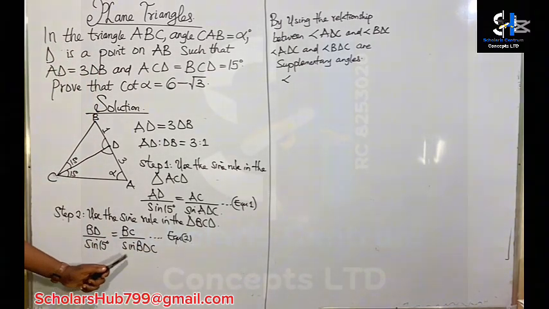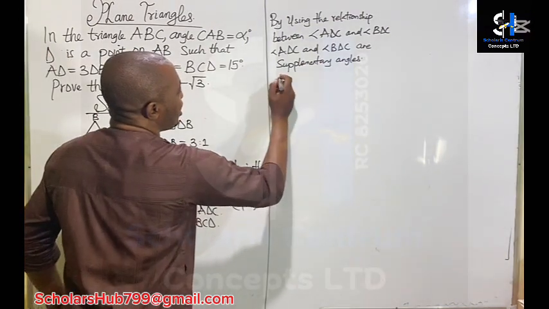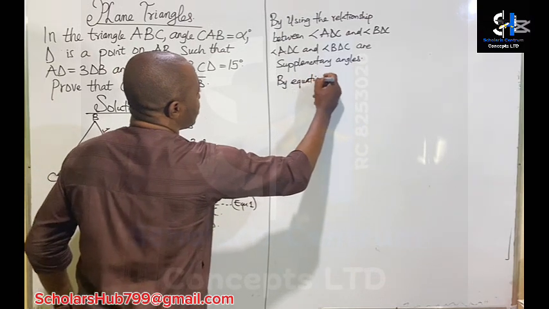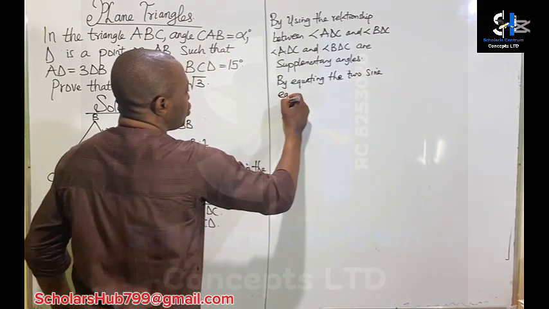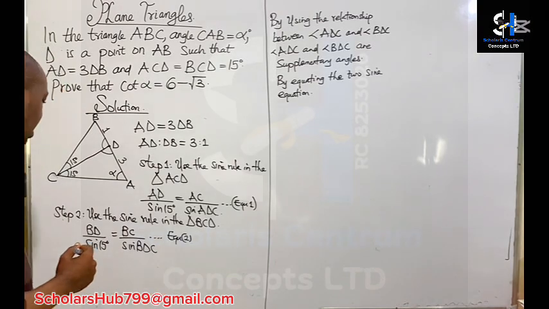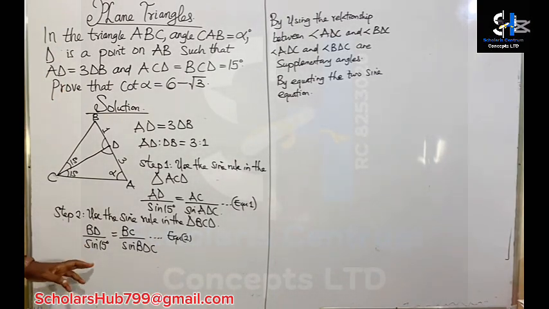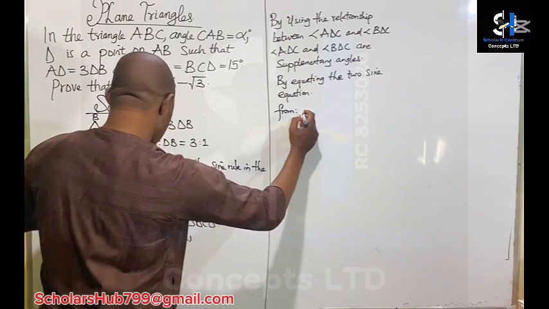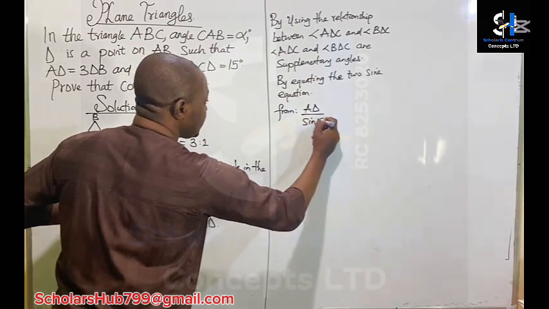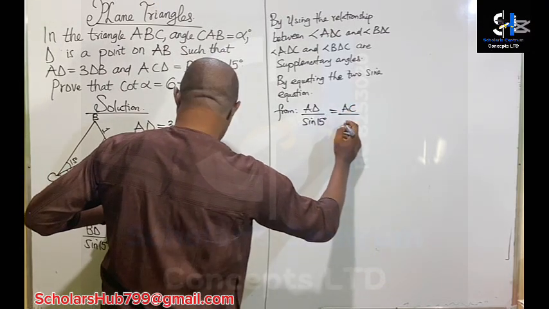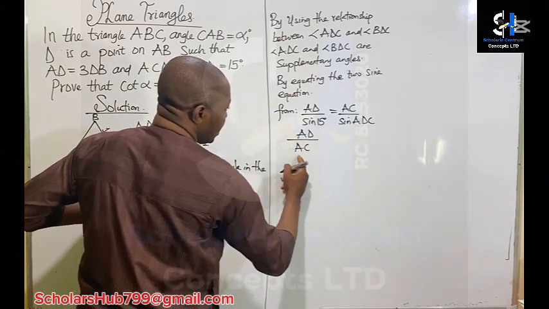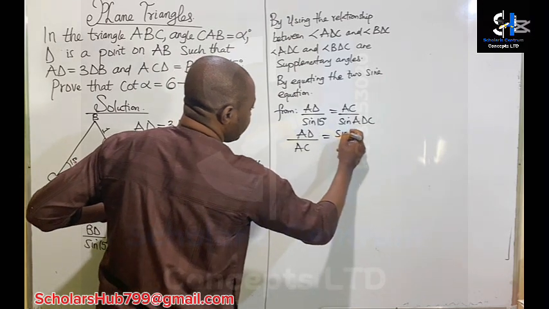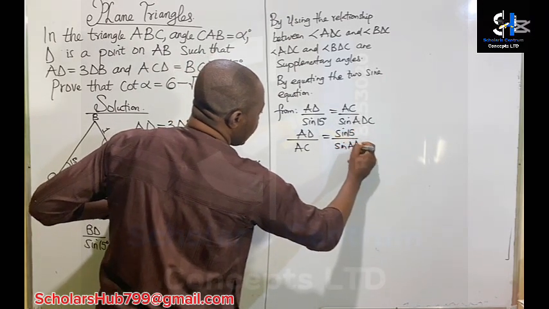Now we equate the two sine equations. From AD over sine 15 degrees equals AC over sine ADC, we can have AD over AC equals sine 15 degrees over sine ADC.